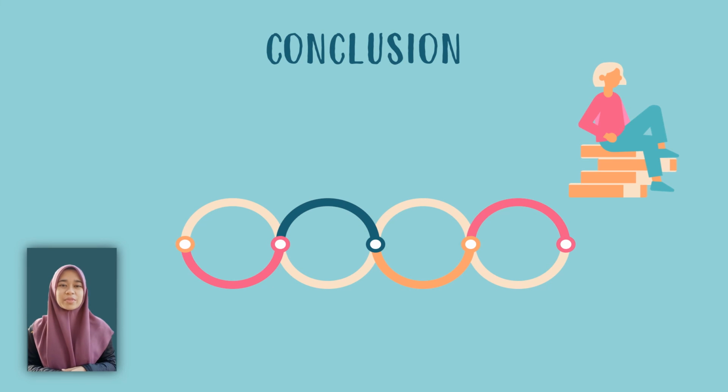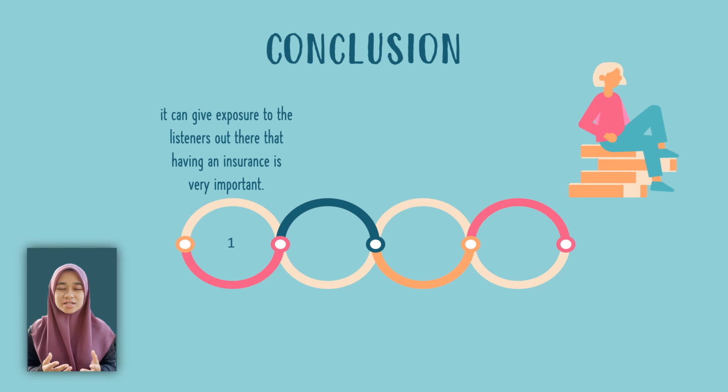Conclusion. From what is stated, it can give the listener exposure to the importance of having insurance. Having insurance for everyone with a human title is very important. This is because we cannot predict the future.